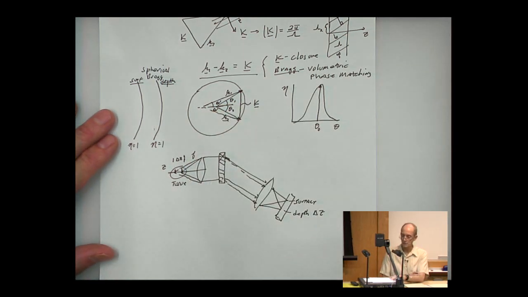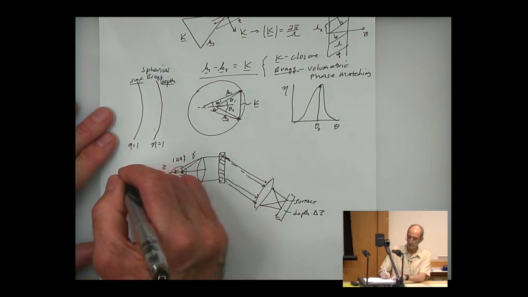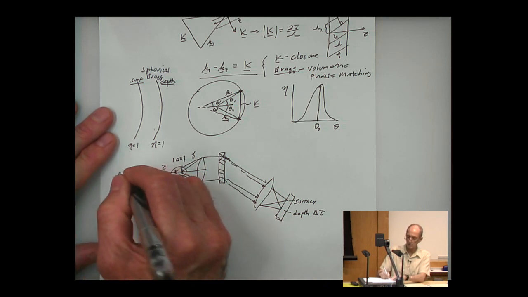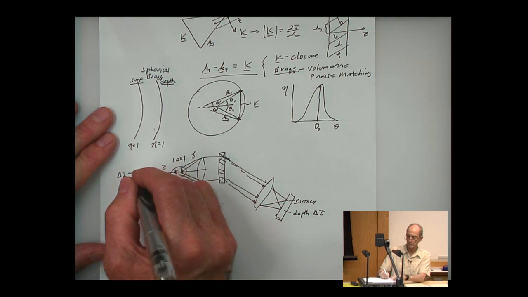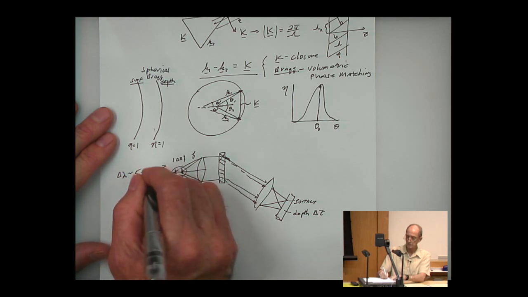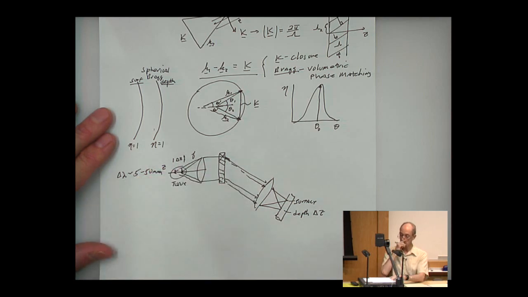So instead of illuminating this with a laser, let's try illuminating it with an LED. An LED has a bandwidth that might range, you can get LEDs anywhere from, say, 5 to 50 nanometers.